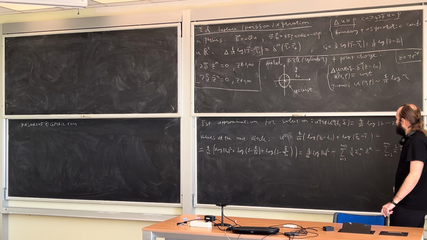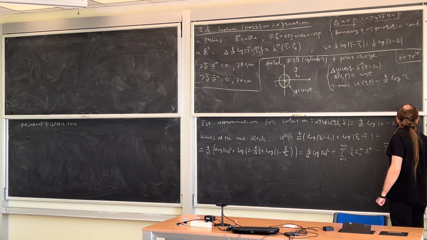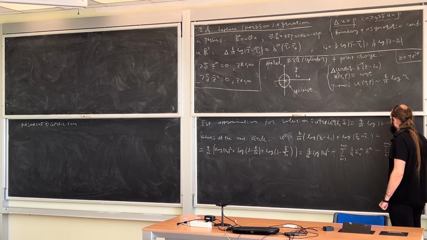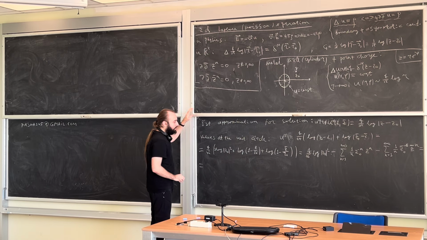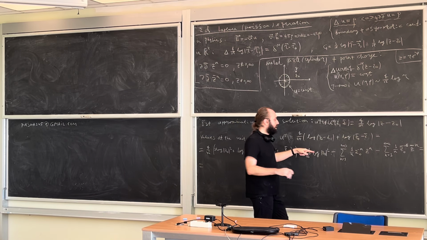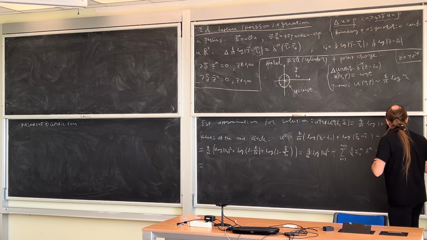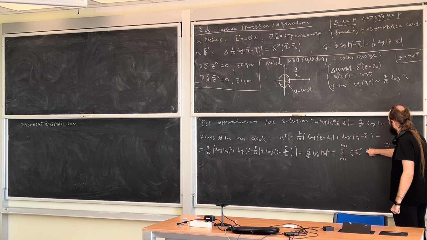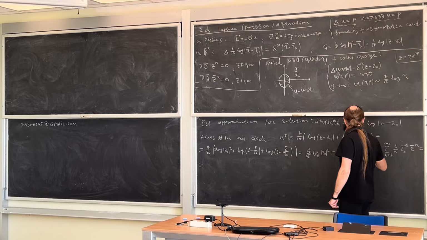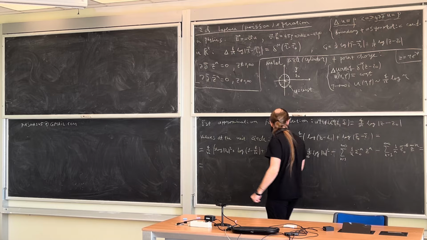And since we live at the unit circle, we can say that z to the n is e to the i n phi, just e to the i n phi.